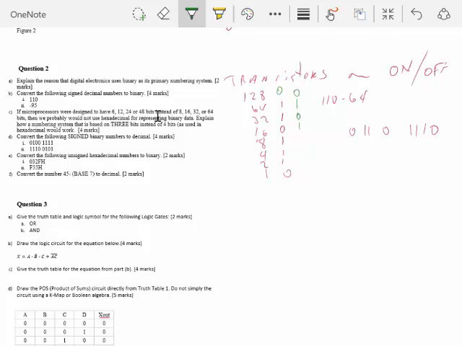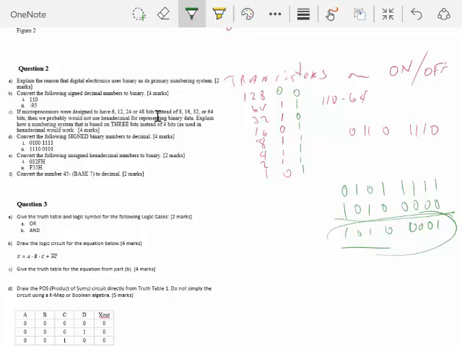I got 15 left, which is going to be 1, 1, 1, 1. So my number is 0, 1, 0, 1, 1, 1, 1, 1. We find the 2's complement of that, which is 1, 0, 1, 0, 0, 0, 0, then add a 1. This is the right answer right there.